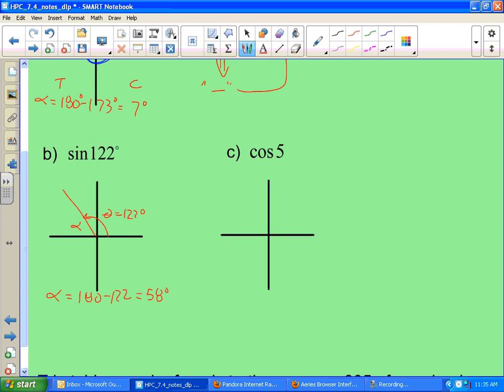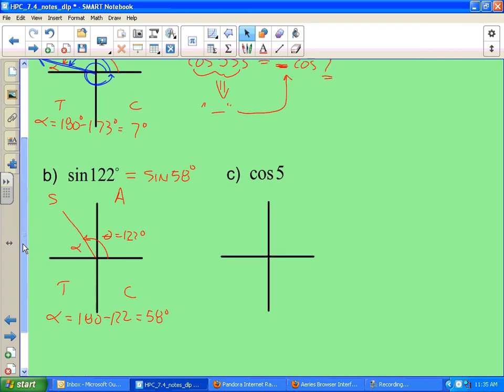In this world over here in ASTC, we know that sine is supposed to be positive. So sine of 122 being positive is the same thing as a sine of 58 degrees. Both of those are positive values. How about cosine 5? What's that the same thing as? Cosine 5, yeah. That is a reference angle itself, so there's really nothing to find right there.